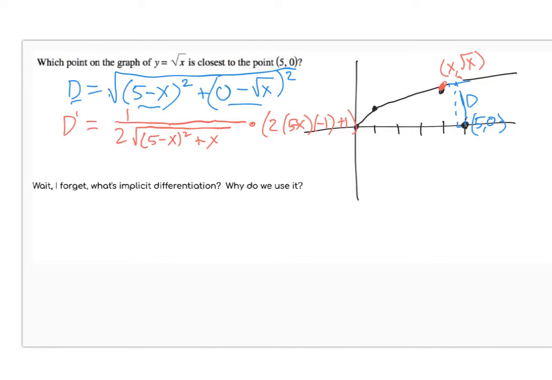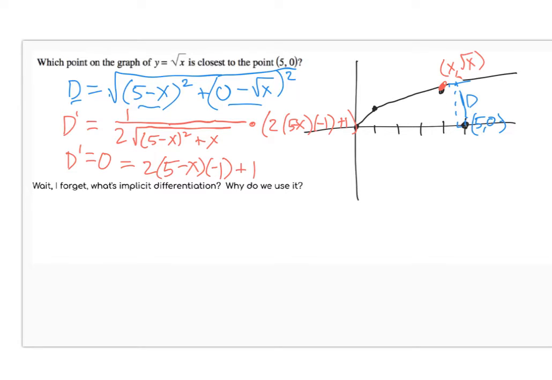Okay, we know for max and min problems, I've got to use critical values. So when this is equal to 0, we're talking about the top of this, so 2 times, that's supposed to be a 5, and I wrote a 2 instead. 2 times (5 minus x) times negative 1, and then plus 1.